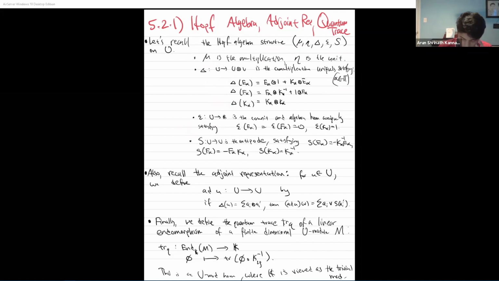The epsilon of E alpha is 0, and epsilon of F alpha is 0, and epsilon of K alpha is 1. And then finally, we have our antipode. S of E alpha is minus K alpha inverse E alpha. S of F alpha is minus F alpha K alpha. S of K alpha is K alpha inverse. Okay, so I hope that's all familiar.